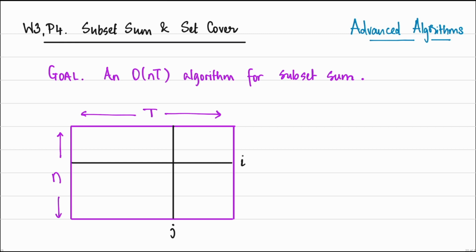Remember, n is the length of the input array and t is the target sum. So a natural subproblem may be to say that let's focus on, let's say, the first i elements of the array A. So let me put down our input array here on the side.